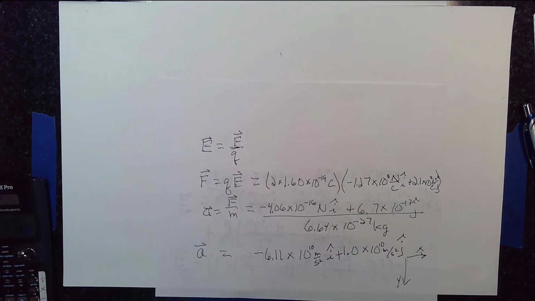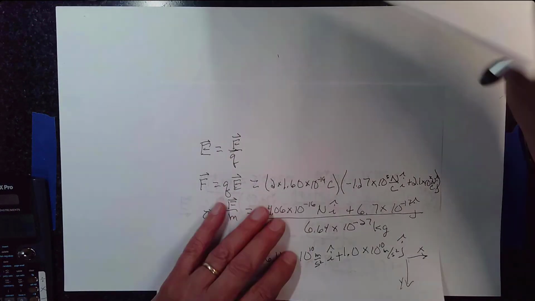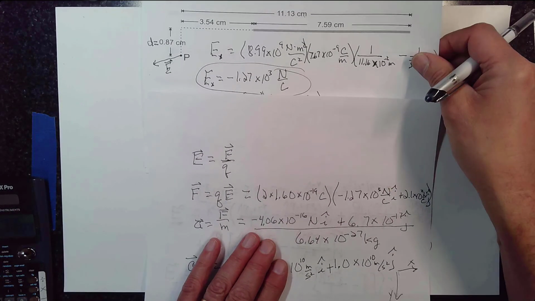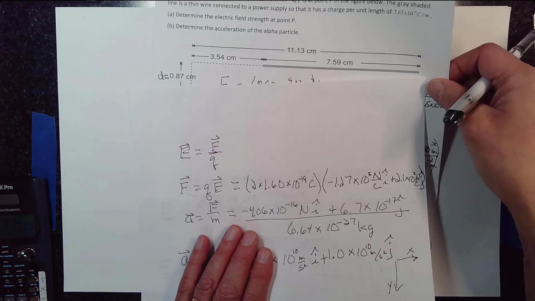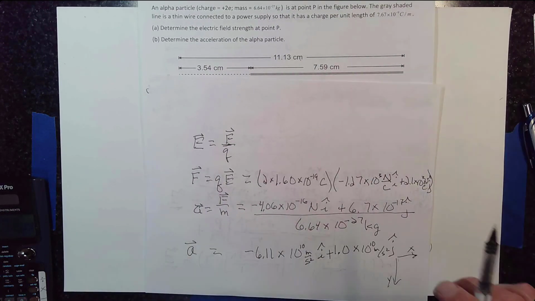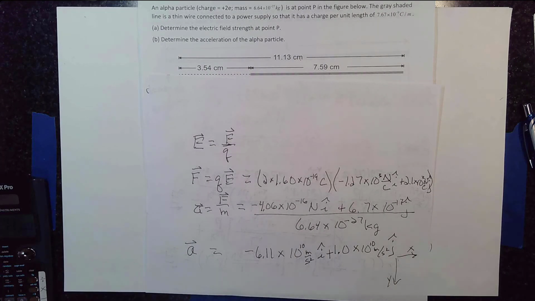With accelerations like that, you can say that it's pretty safe to ignore gravity, because these end up being on the order of 10 to the 9th times larger than the acceleration due to gravity. So we don't have enough significant figures to worry about that. That was another relatively complicated problem, but we were able to use an expression that we'd already developed for figuring it out.